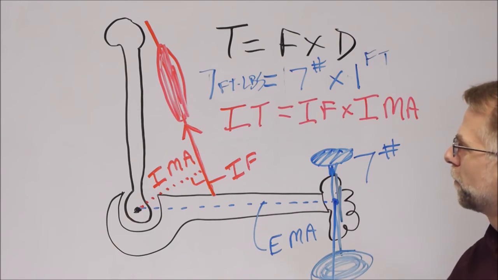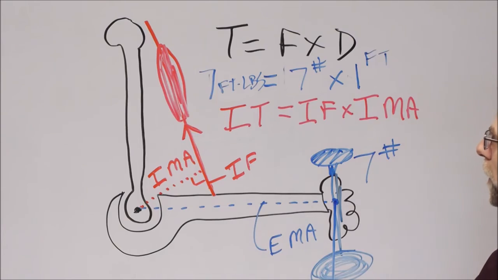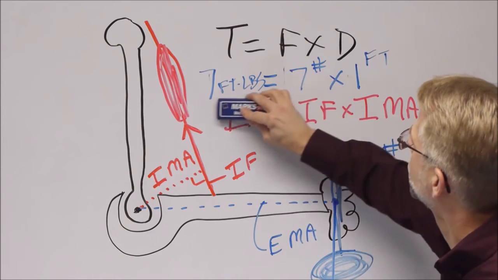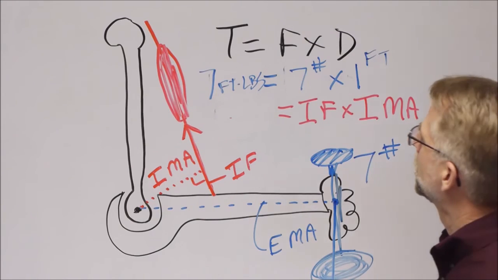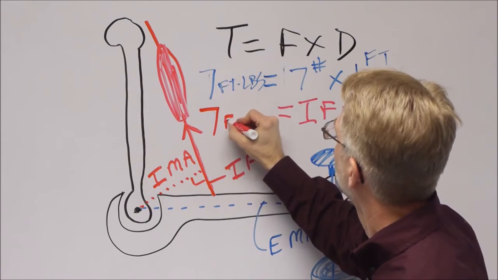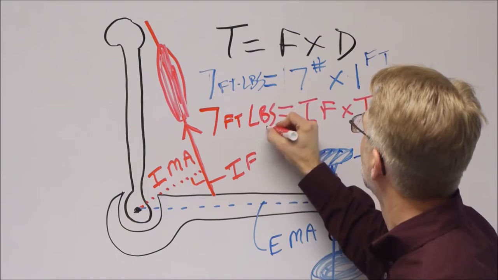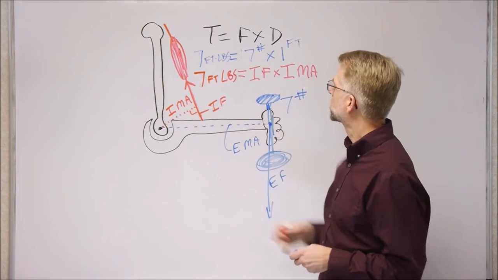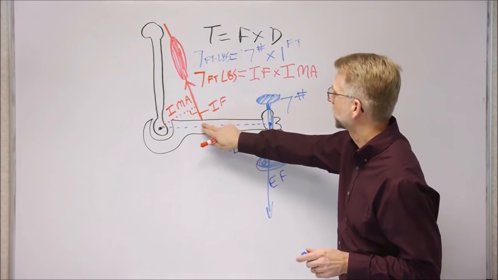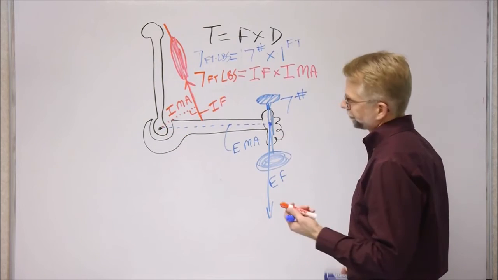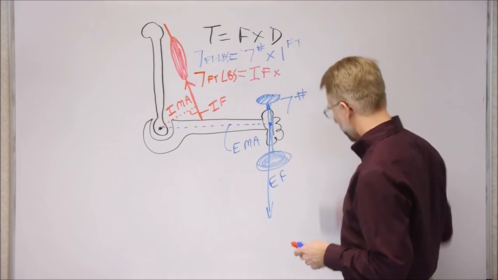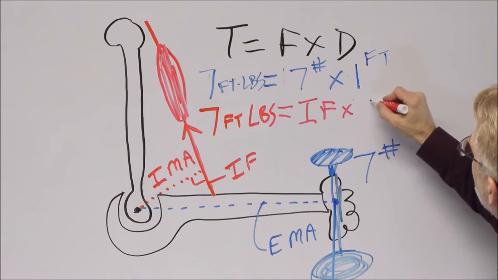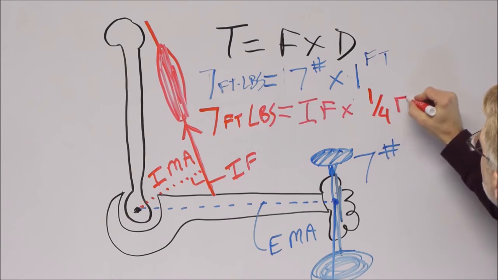Now let's say we want to just manage to hold it there so it's not moving, not coming up, not going down. Then we have to have an internal torque that matches that. So our internal torque is also going to be 7 foot-pounds, all right. Our internal moment arm is kind of already determined just by the nature of how this attaches and the angle of the joint. Just to make it easy, let's say that internal moment arm is 3 inches, which would be, to keep the units the same, 1/4 foot.